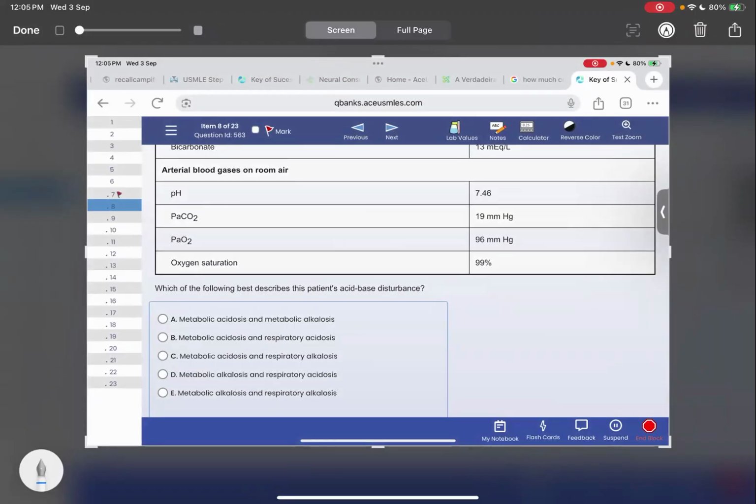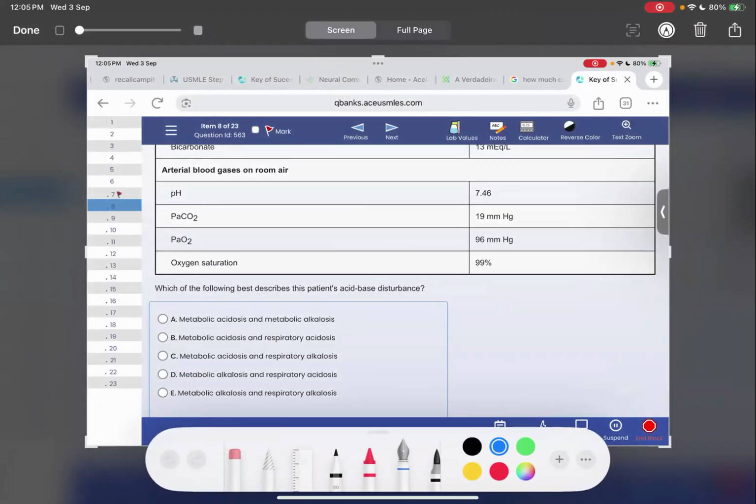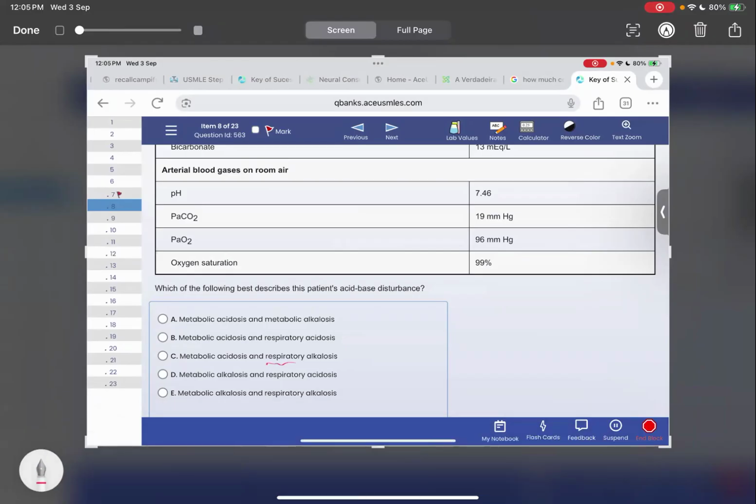So in the first place, what do we have? At first we have respiratory alkalosis, right? pH was 7.46 and carbon dioxide was 19, so it is respiratory alkalosis.